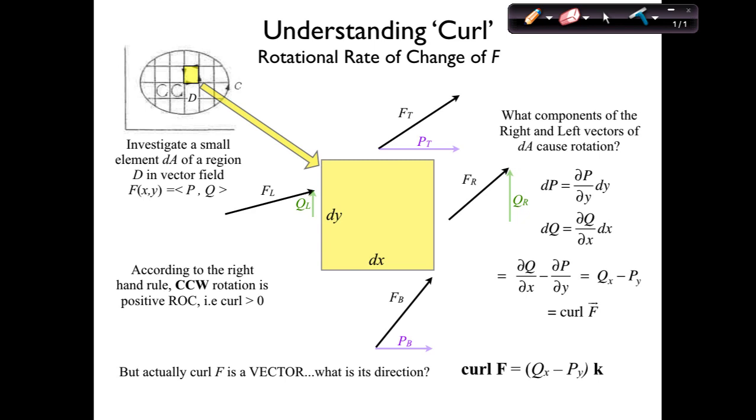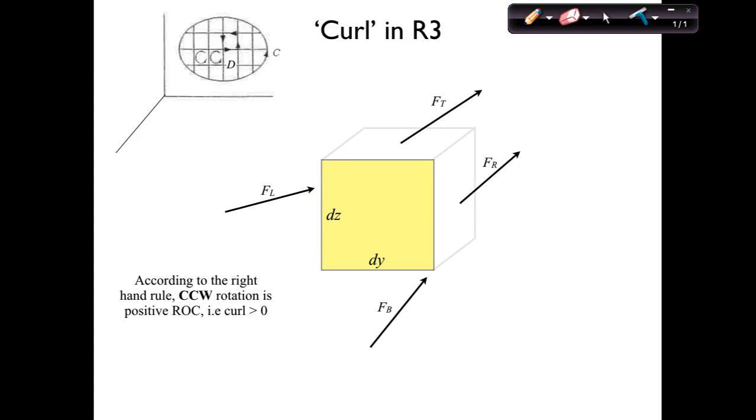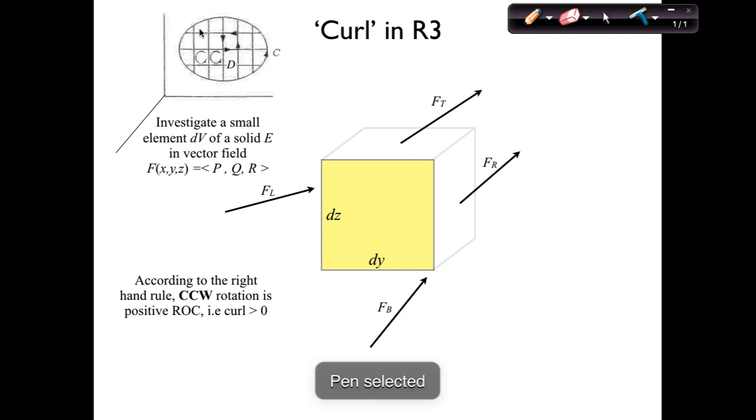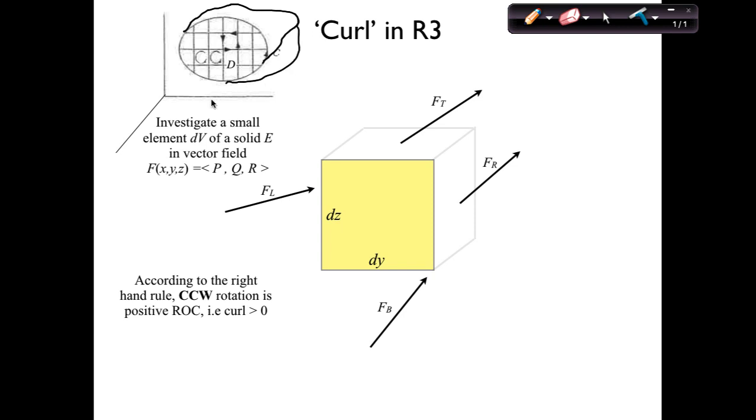Okay, but we want to do curl in R3. Well, we've already kind of taken care of some of that. So now in curl in R3, we're going to investigate a small element dV in a solid E. So now we have some solid E, and then we have little dV's.